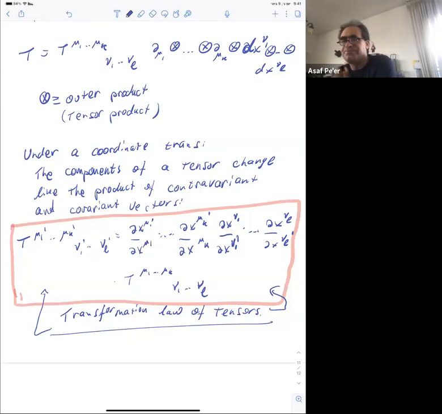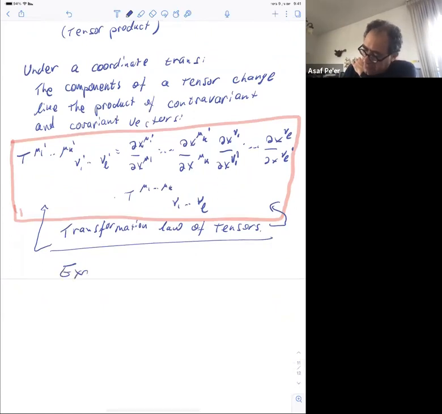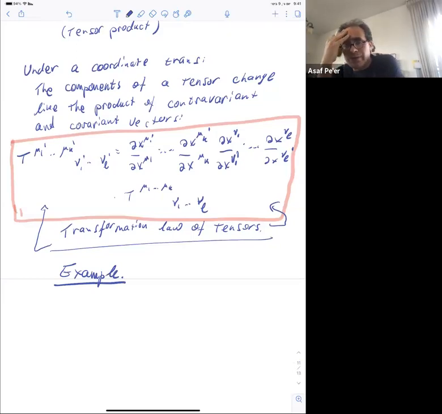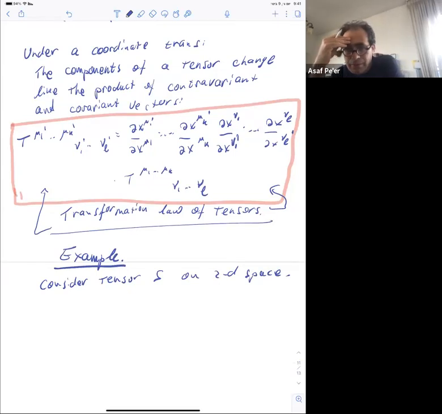Okay, now, an example. I told you it is much simpler than you may think. Let's look at a simple 0-2 tensor in a two-dimensional curved space.